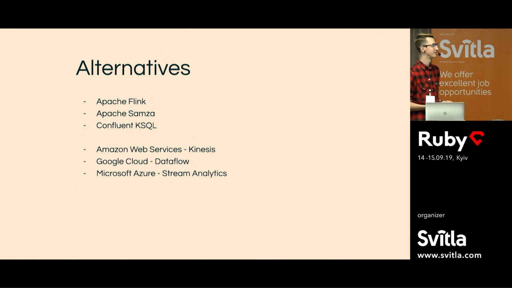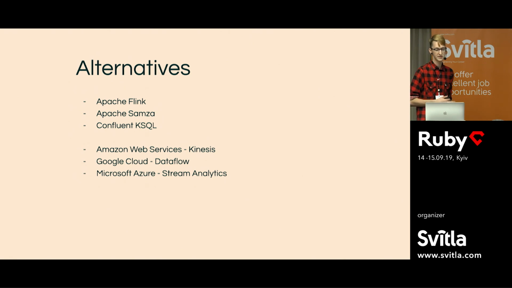And finally, I would like to talk about some alternatives to Storm. Because Storm is not the only player in the world of stream processing, we have also Apache Flink, which implements fault tolerance with a combination of checkpoints and replays, and they claim that they support exactly once message processing.